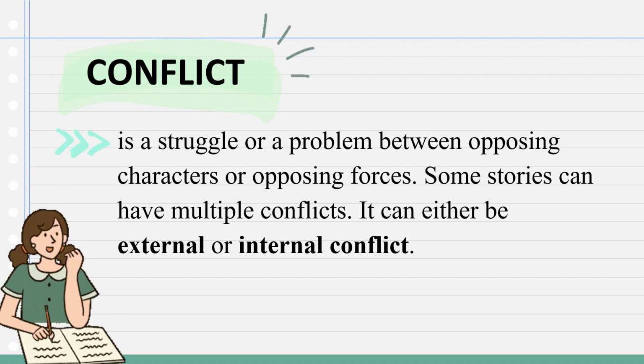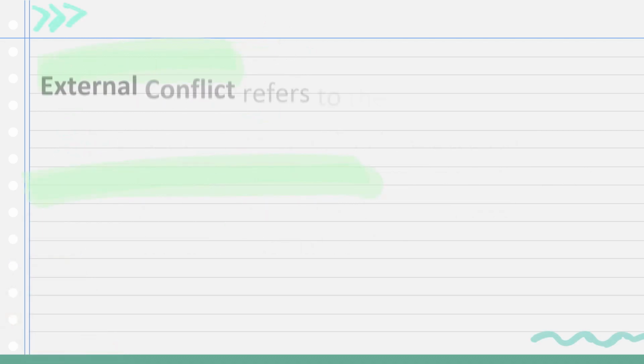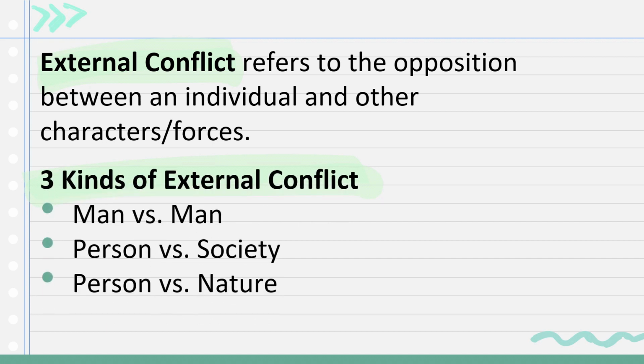It can either be external or internal conflict. External conflict refers to the opposition between an individual and other characters or forces. There are 3 kinds of external conflict: man versus man, person versus society, person versus nature.